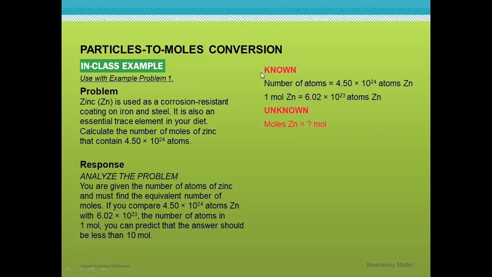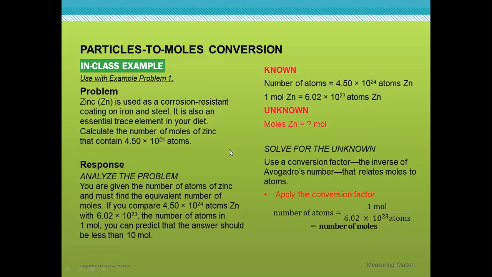First, the known: number of atoms equals 4.50 times 10 power 24 atoms of zinc. 1 mole of zinc equals Avogadro's number, 6.02 times 10 power 23 atoms, and this is a constant number. The unknown is the number of moles. How can we get it?